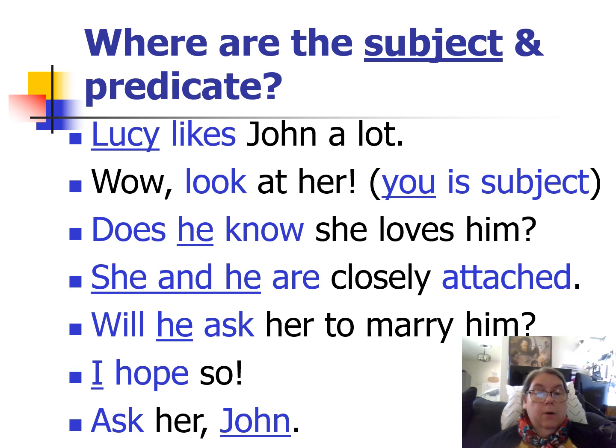"I hope so," exclamatory. I is the subject and hope is the verb or predicate. "Ask her, John." In this case, I'm talking to John, and so this is also an imperative or command sentence, but I happen to have the subject here right in the sentence, and of course the predicate is ask.